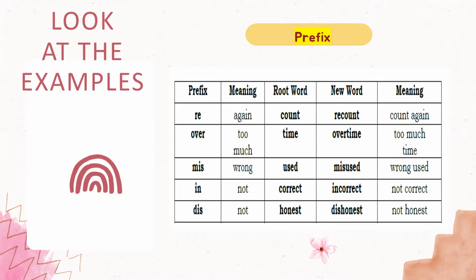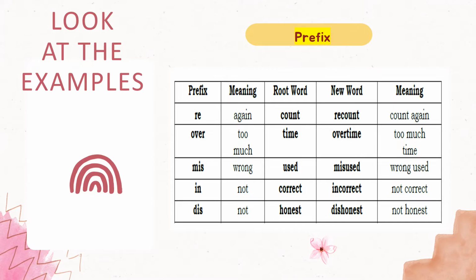Re means again. If we add re to a word like count, we can form a new word that is recount. Recount means count again. Over means too much.